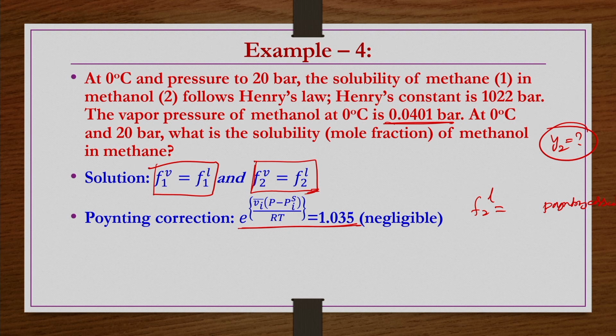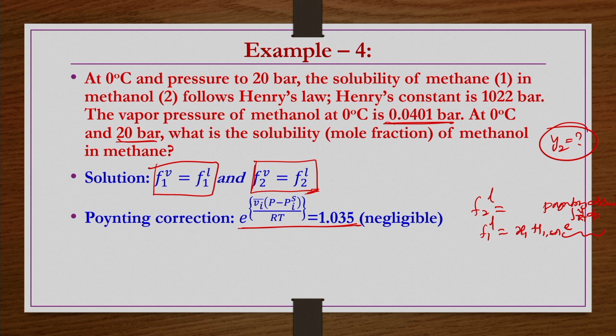So, for the first component, this f1L is nothing but x1 H1 in solvent exponential of integral V1 bar infinity by RT dP. So, this part is also going to be very small, because we are not doing very high pressures, and we found that this exponential is going to be very small.